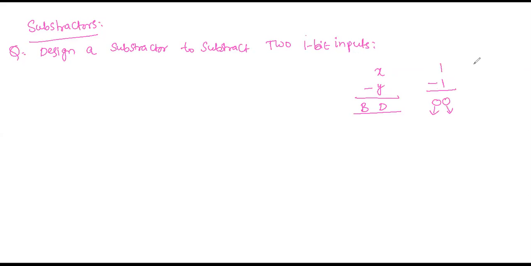Difference is 0. For example, 0 minus 1. 0 minus 1 is not possible, so you have to take one borrow. So borrow is 1.